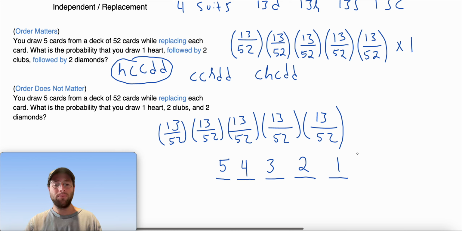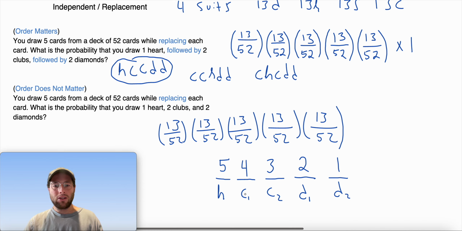But now we want to keep in mind that this may look something like, let's say, heart, club, club, diamond, diamond. Well, then what we need to consider is that these 2 clubs are the same. I'll say this is club 1 and club 2, and I'll label these diamonds D1, D2.